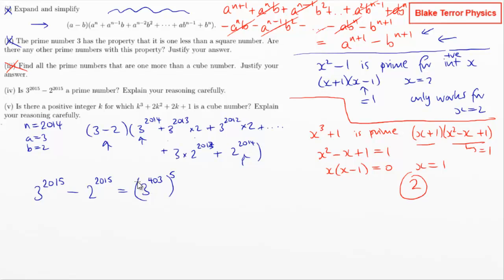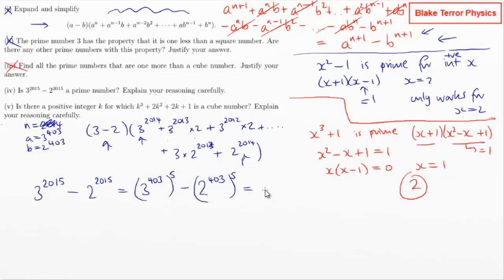But that's 5 times 403 is 2015, minus 2^403 to the 5. So we could have that instead and then say, okay, well, now a is 3^403, b is 2^403, and n is then going to be 4.